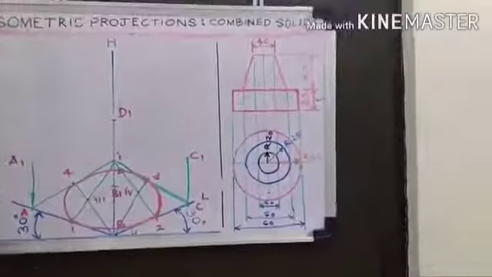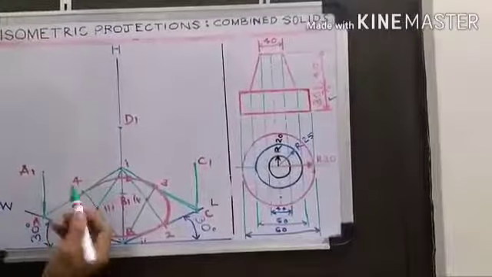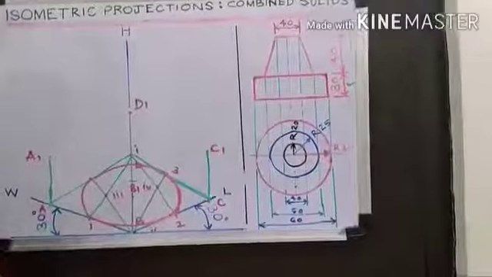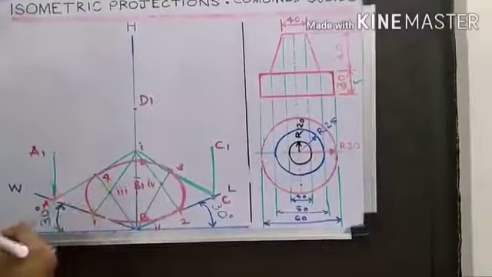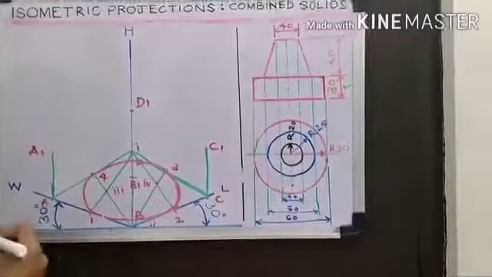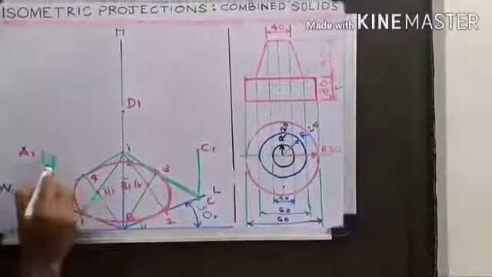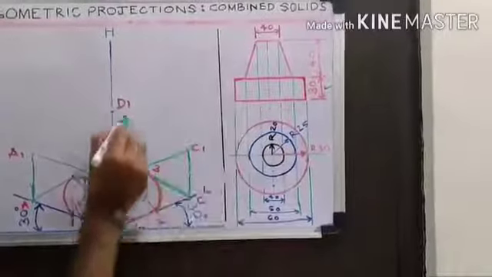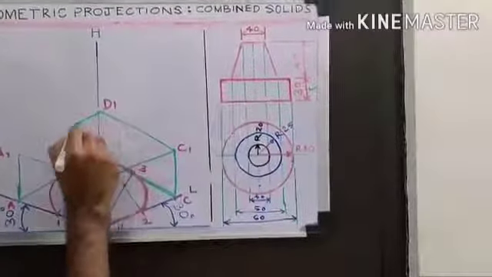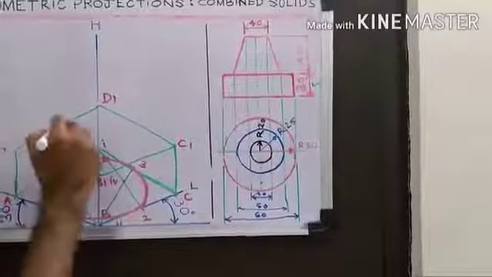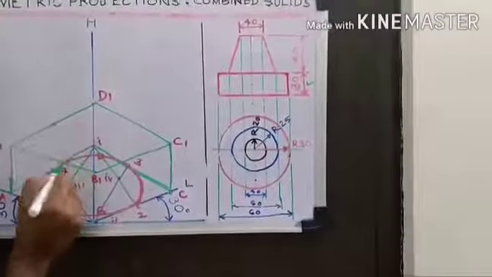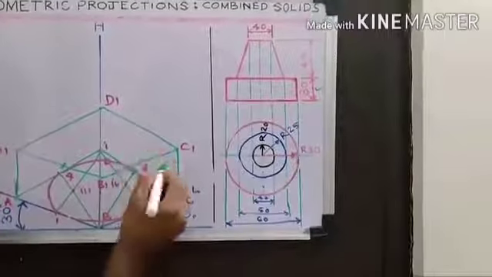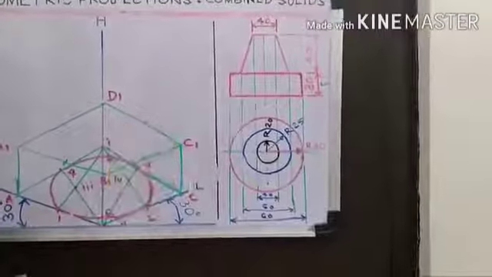I am joining all the concerned points as straight lines by using a drafter. Now joining the points A1 B1, B1 C1, C1 D1 and D1 A1. Again locate the midpoints for A1 D1, A1 B1, B1 C1, C1 D1.